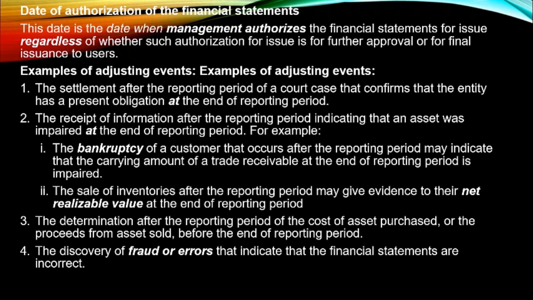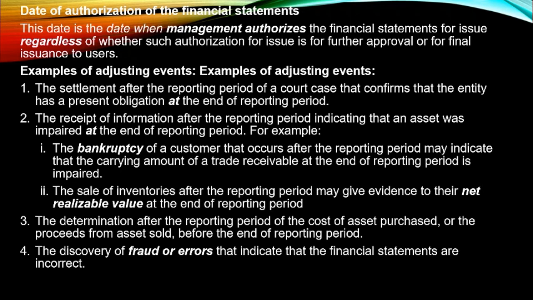Example of adjusting events. The settlement after the reporting period of a court case that confirms that the entity has a present obligation at the end of the reporting period. The receipt of information after the reporting period indicating that an asset was impaired at the end of the reporting period.